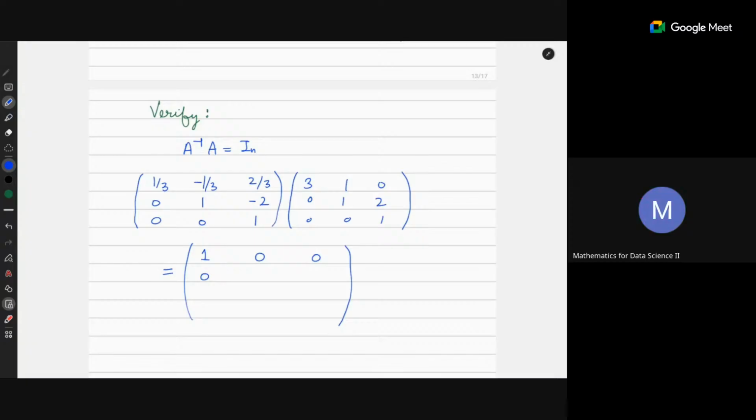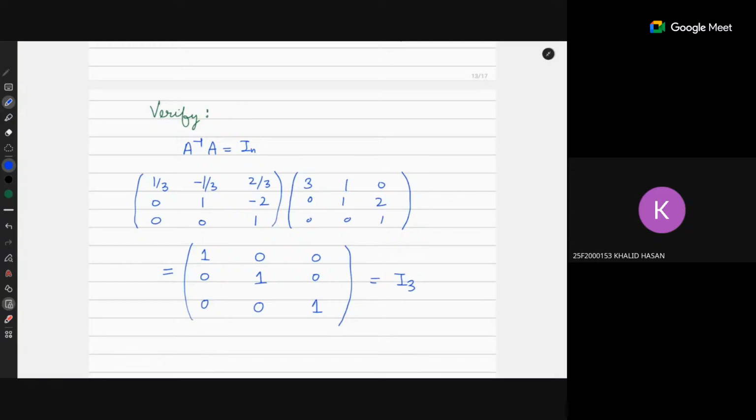It will be 1. Second row, third column? 0. Third row, first column? 0. Third row, second column, 0 again. And third row, third column, 1.